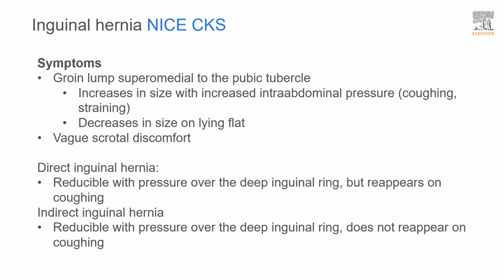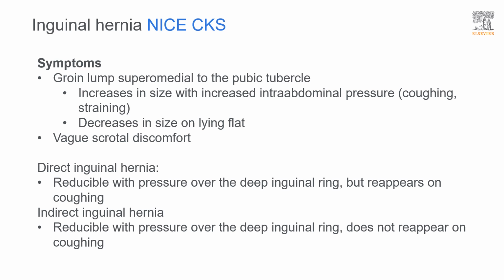A direct hernia is reducible with pressure over the deep inguinal ring, but reappears on coughing as the hernia protrudes directly through the wall of the inguinal canal. An indirect hernia is reducible with pressure over the deep inguinal ring, but does not reappear on coughing, as this is the location of protrusion of the bowel contents.